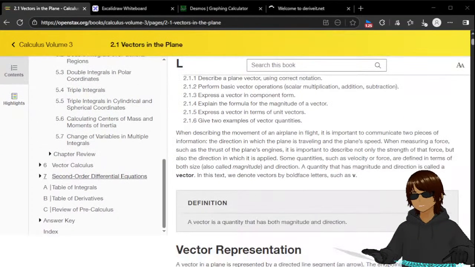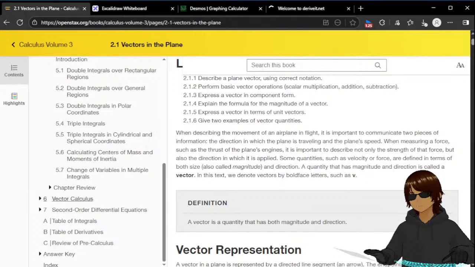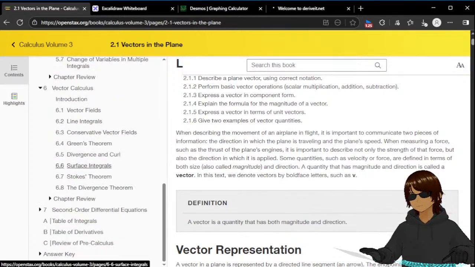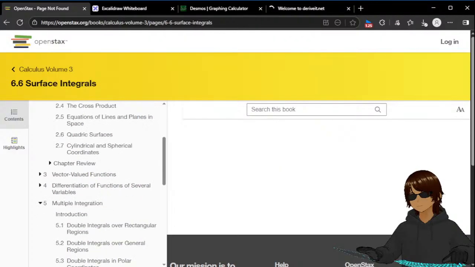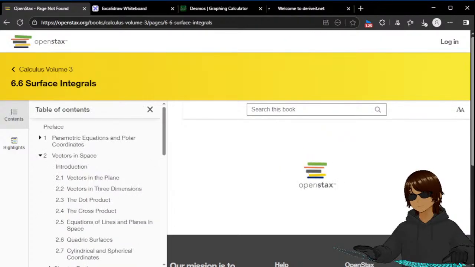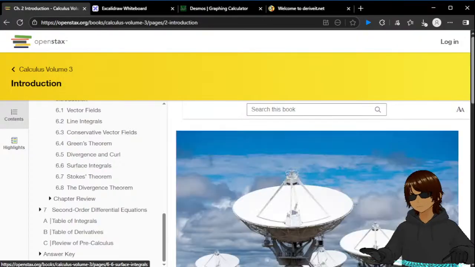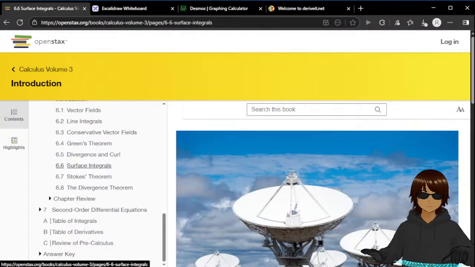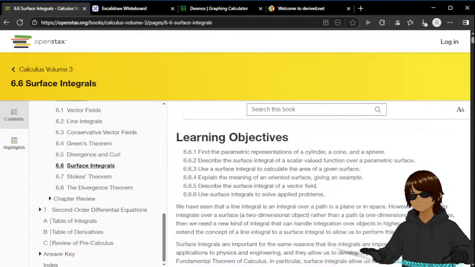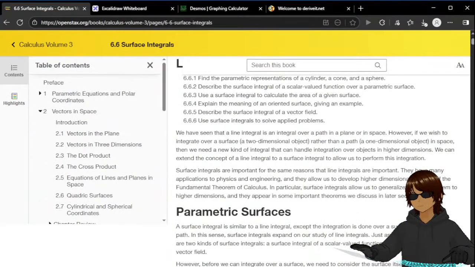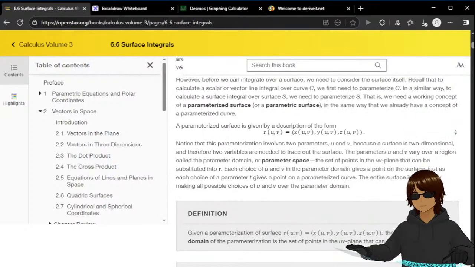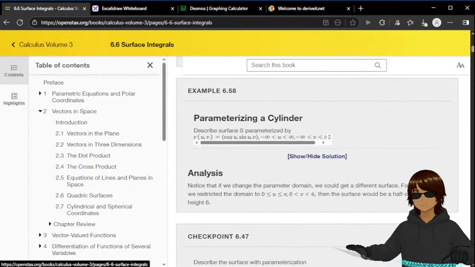Going to surface integrals. Okay, let it load properly.